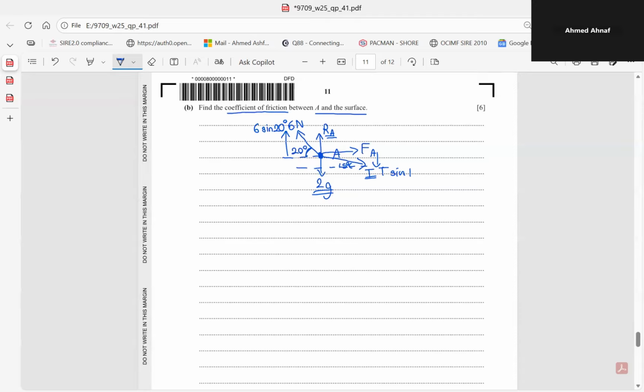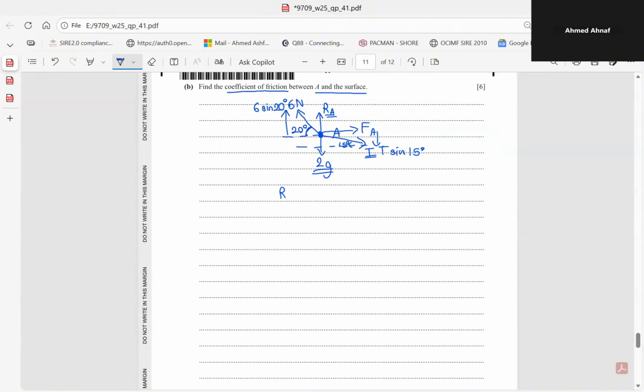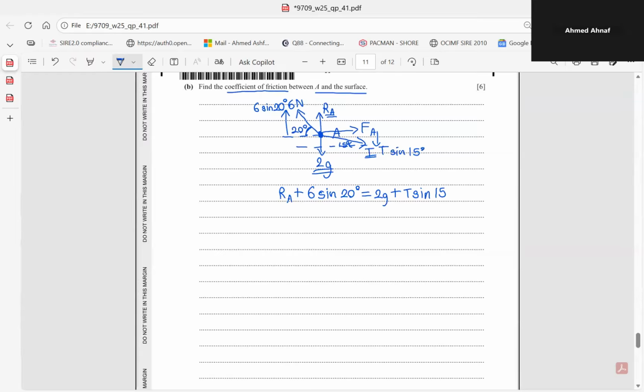So RA plus 6 sine 20 degrees equals 2G plus T sine 15 degrees.